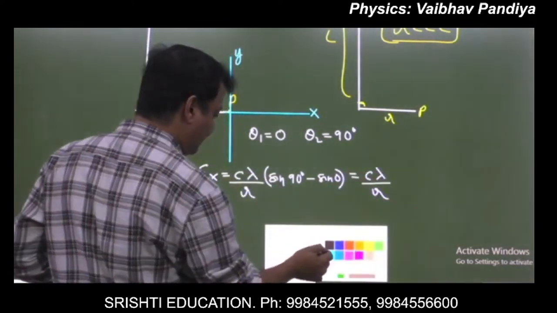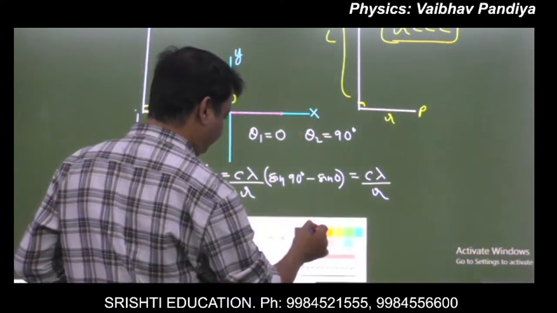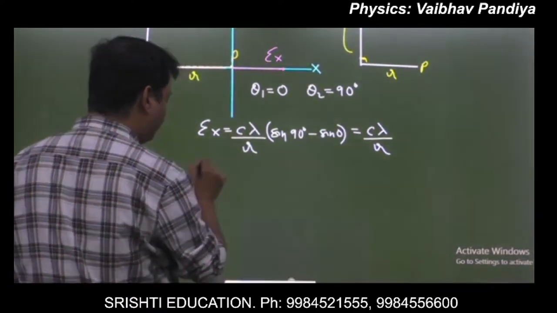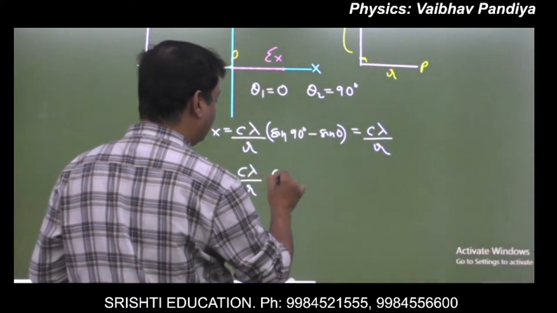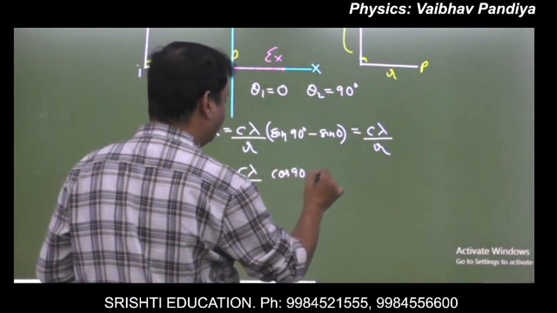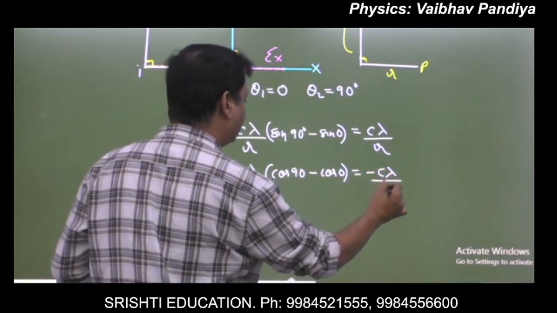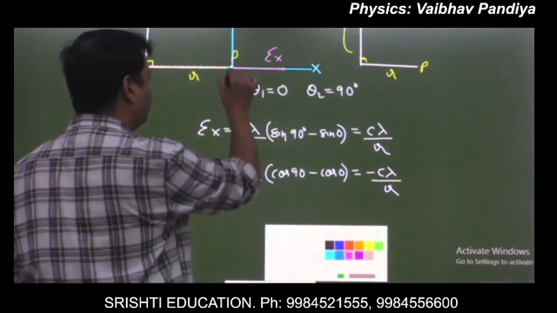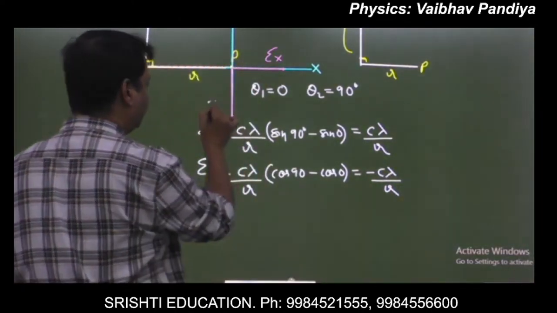And taking the positive lambda model, Ex is coming to be positive, so it will be like this. Now Ey will come to be C lambda by R, cos of 90 minus cos of 0. So I'll get minus C lambda by R, and taking the positive lambda model, Ey is coming to be negative, so it will be downward, correct?